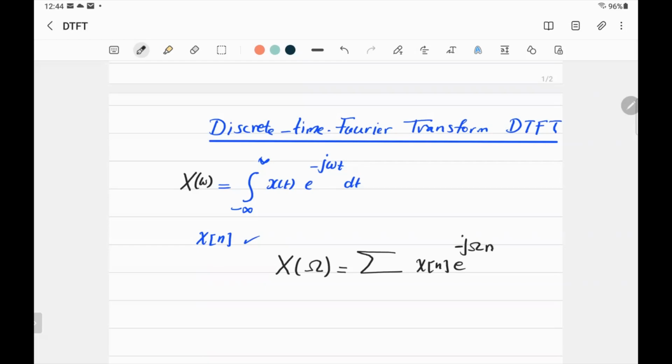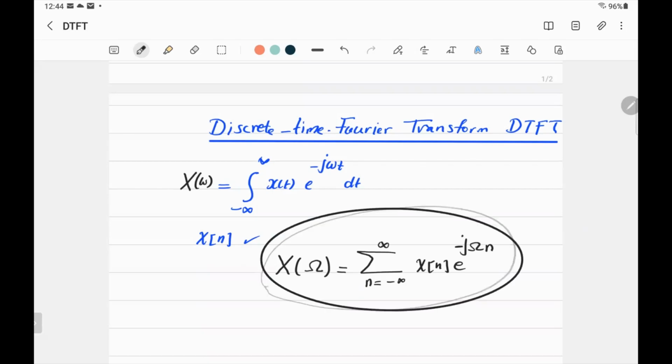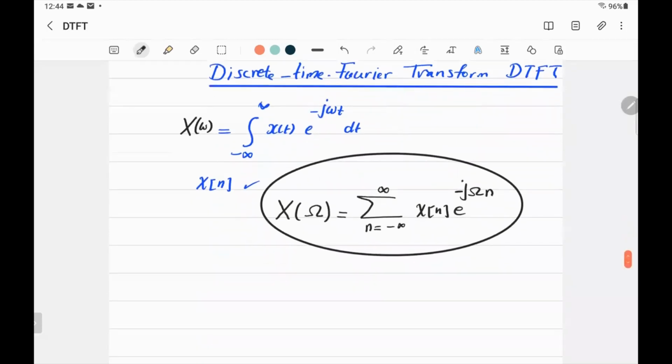And of course, I'm not integrating, so I'm not writing dt, but the variable is n, from negative infinity to infinity. So it's so simple. Very similar, except integration turned to summation. I don't have t, I have n instead. That's all. So let's look at what we'll get.